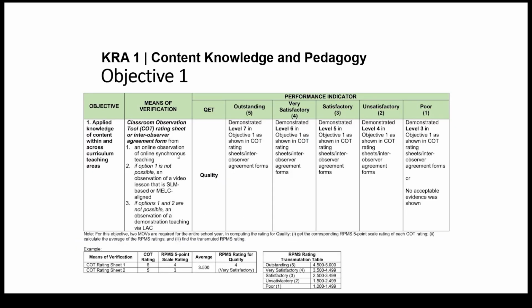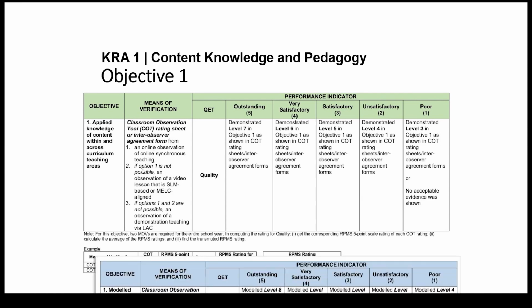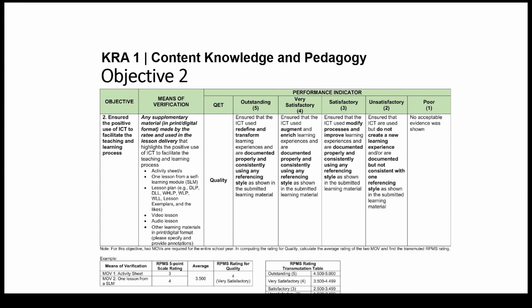For objective 1, as you can see, if you wanted to really measure it properly, you should base it on the COT because this is classroom observable and using the COT. But take note that in objective 2, you need to measure it using the MOVs they have attached. So as a rater, you need to analyze all those MOVs that they have attached.